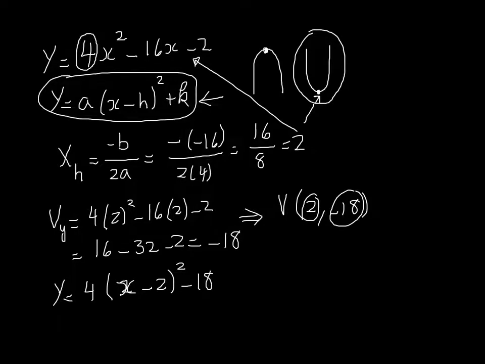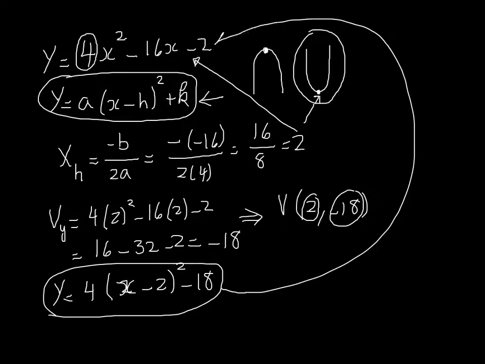So this means that this equation is equivalent to this equation. How we know it is: if you expand the vertex form, you're going to get back the standard form.